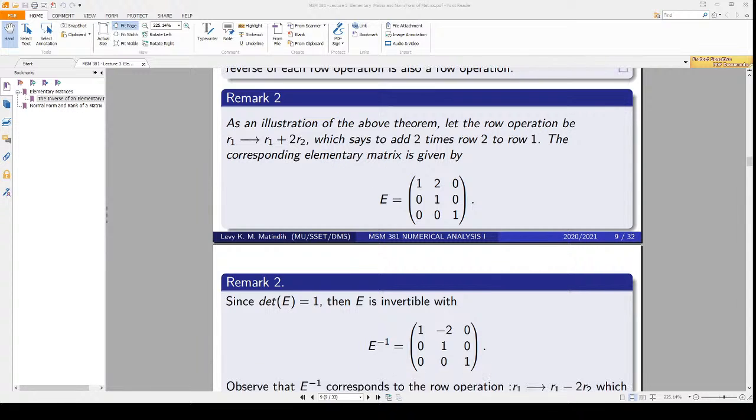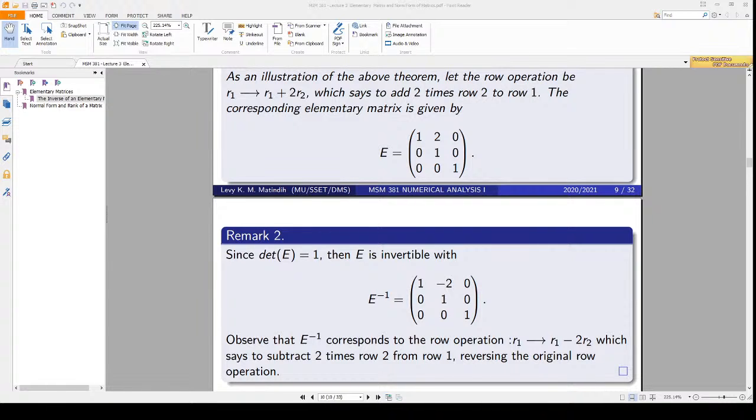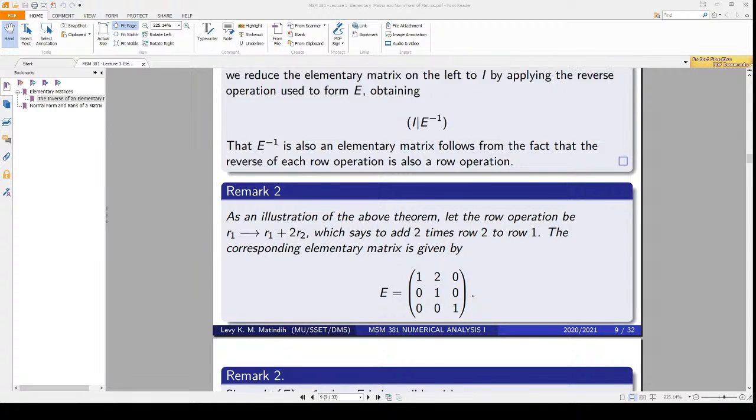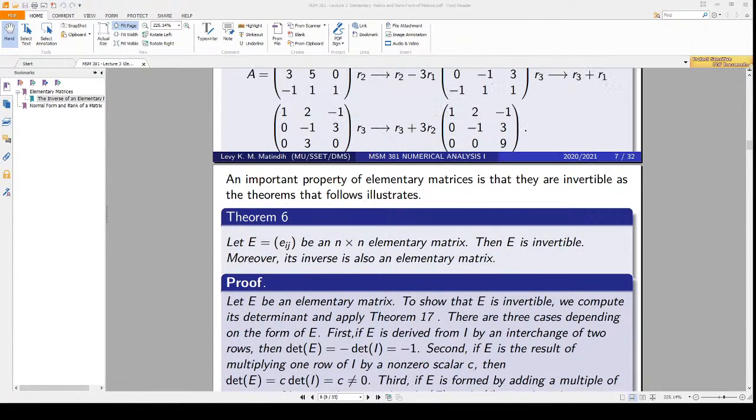And its inverse is this matrix here, with entries 1, -1, 0, 0, 1, 1, 0, 1, 0, 0, 0, 1. We can reverse the operation. What this theorem is saying is that every n by n elementary matrix is invertible, and its inverse is also an elementary matrix.